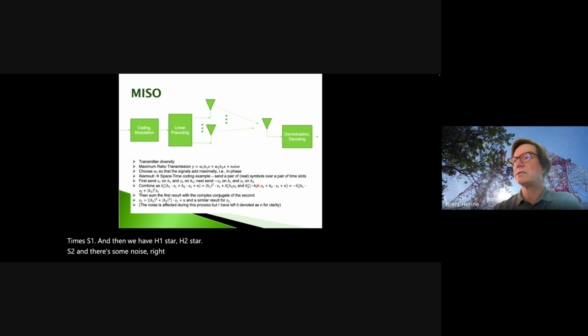And then similarly over here, we're going to multiply this by H2 star on the second time period. Now we have this minus S2 times H1 channel gain and S1 times the H2 channel gain plus some noise. And then that results in this, right?